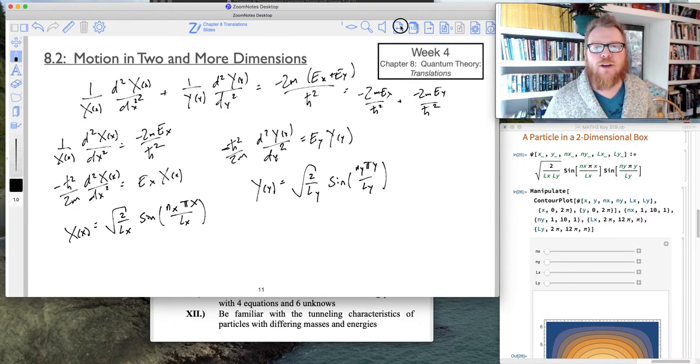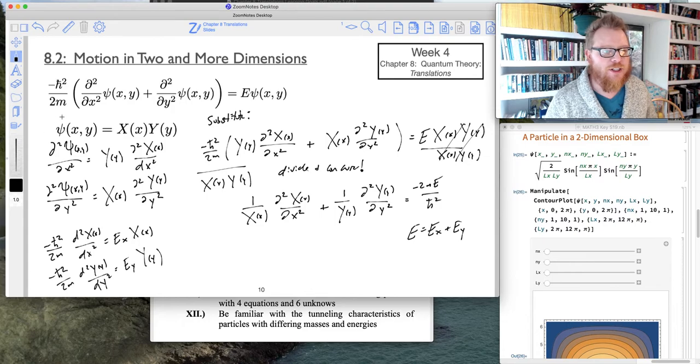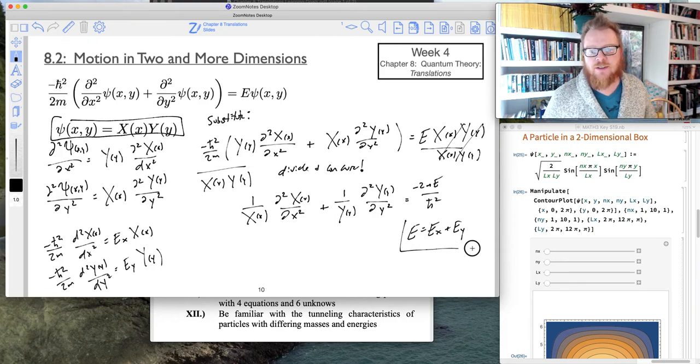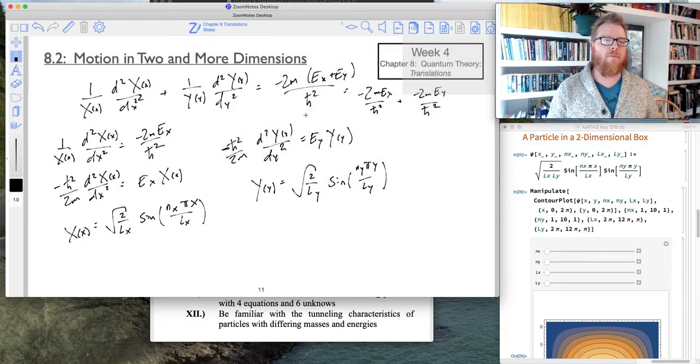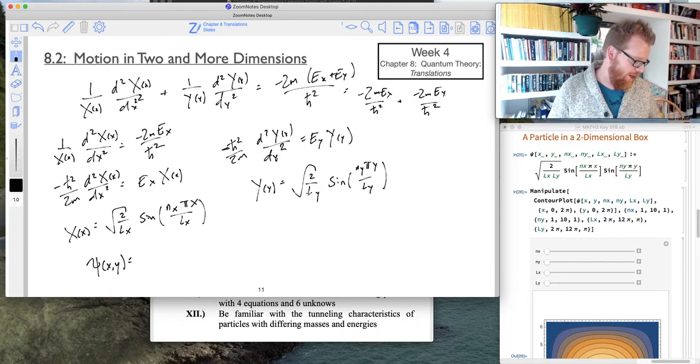And I'll remind you that when we did separation of variables, we said the wave functions are multiplied, the energies are added. So now my psi of xy is just these two wave functions multiplied by each other, okay? And so that equals the following.